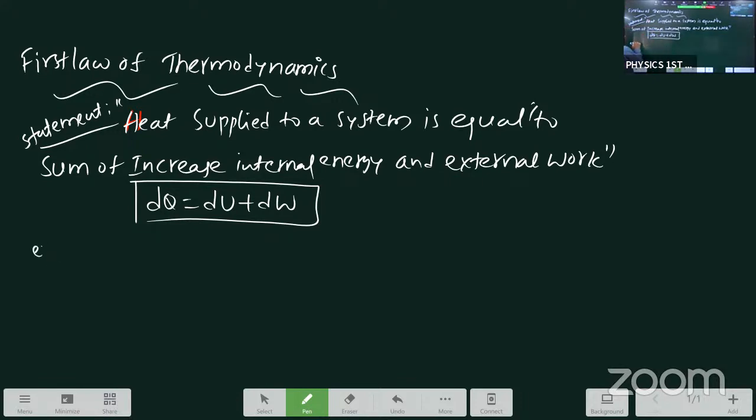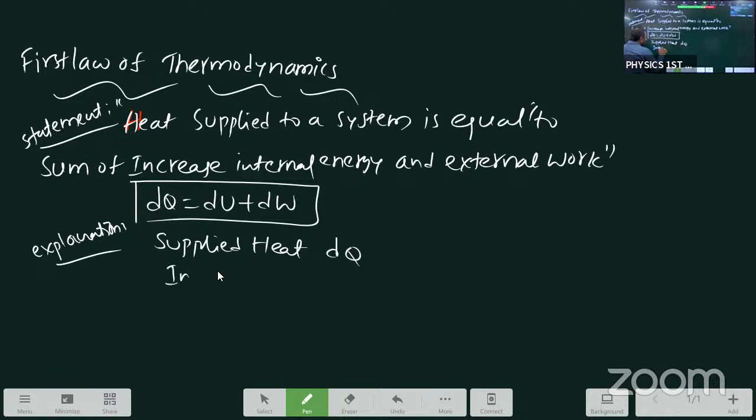For the explanation, it is nearly the same as the statement. Supplied heat is dq. When dq heat is supplied to a system, it is used to increase internal energy, meaning part of the energy goes to internal energy and the remainder to external work.